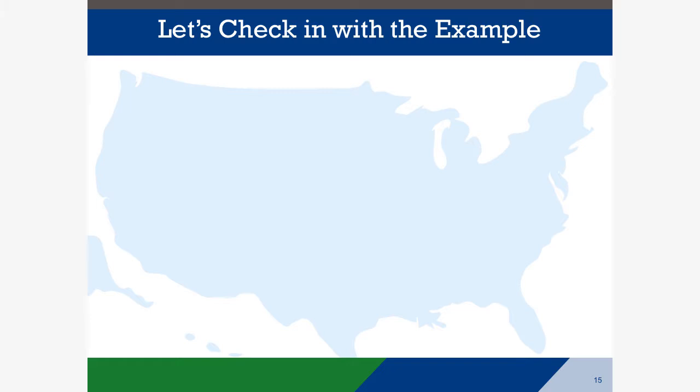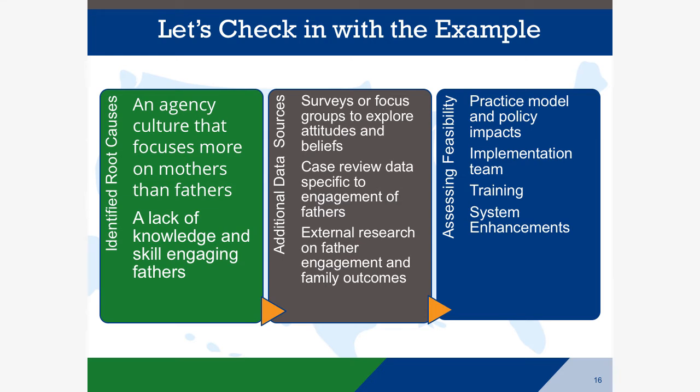Let's check back in with our example. After narrowing in on 2 possible root causes, the team took time to look at data to see if it confirmed their hypotheses. They began by identifying internal and external data sources to help validate each, including surveys to explore attitudes and beliefs within the agency, case review data specific to engagement of fathers, and external research on the link between father engagement and family outcomes.